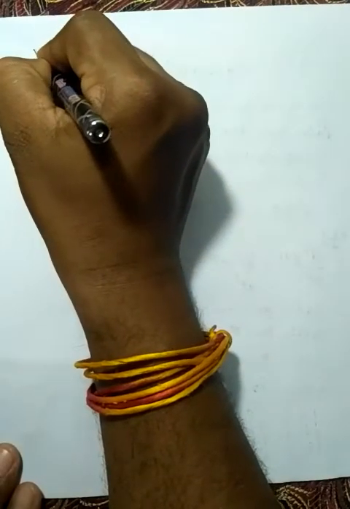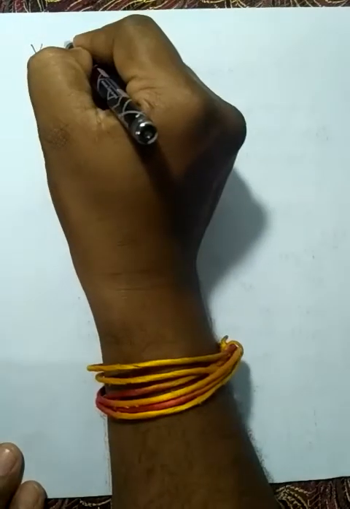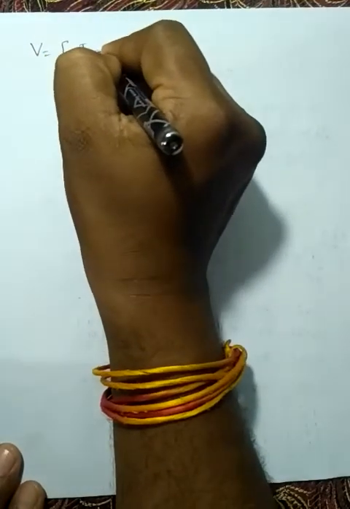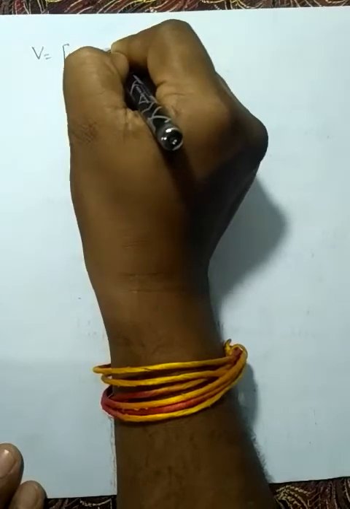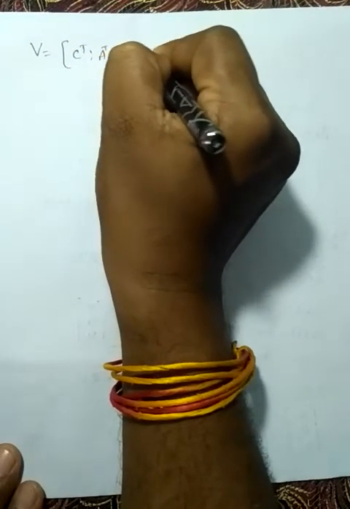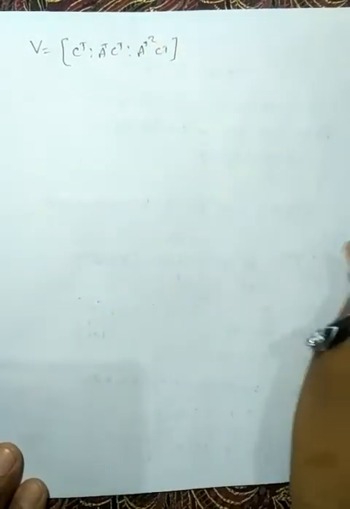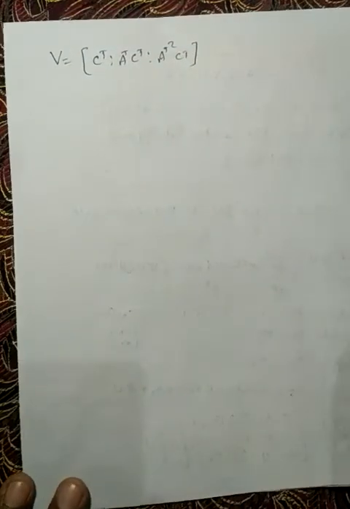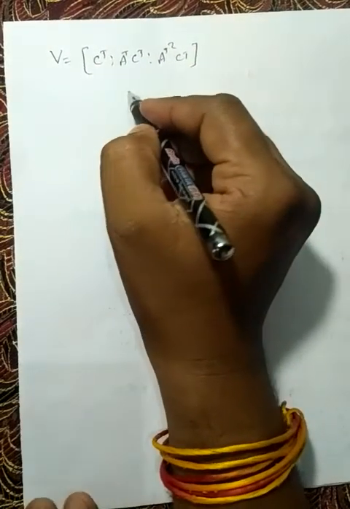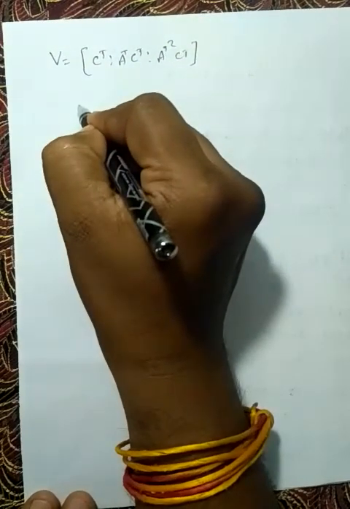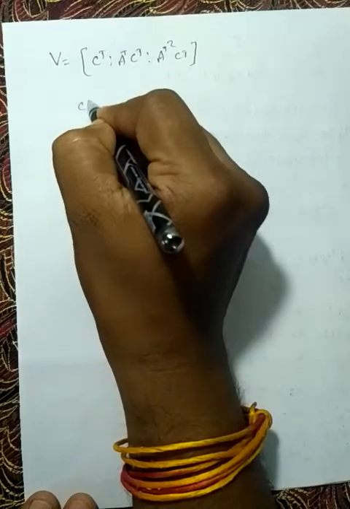we'll check the observability test matrix. So observability test matrix V is equal to CT, AT CT, and AT square CT, right? So for this purpose, first of all, we'll find matrix CT.